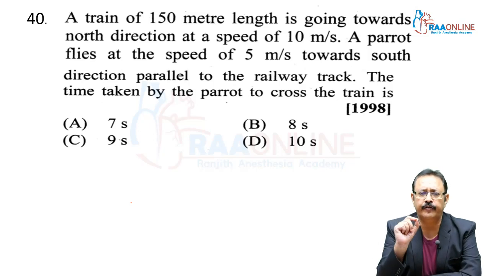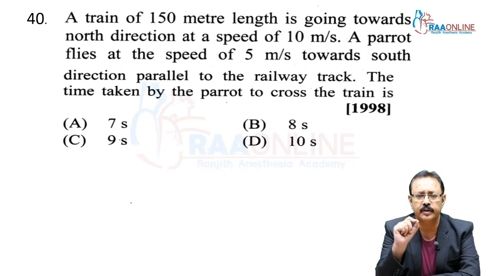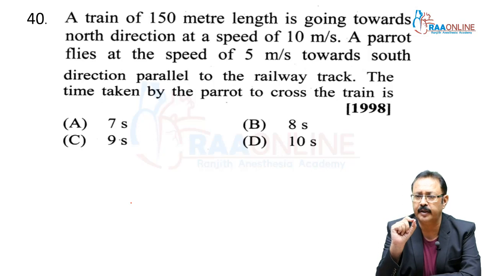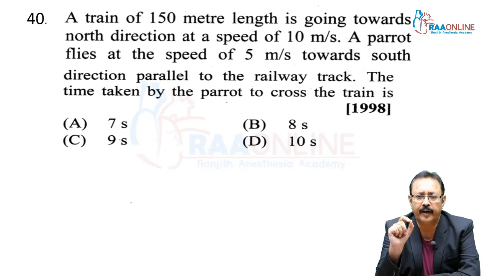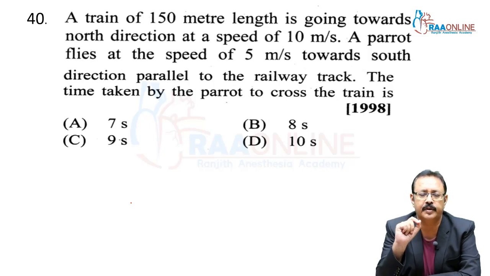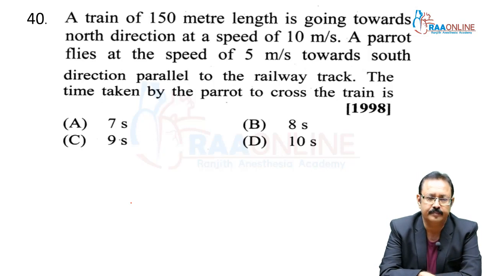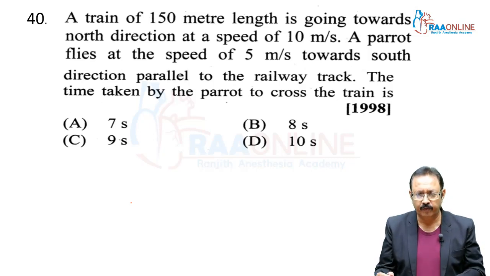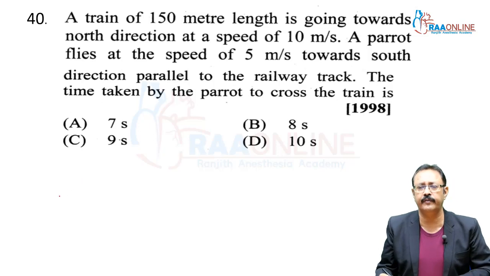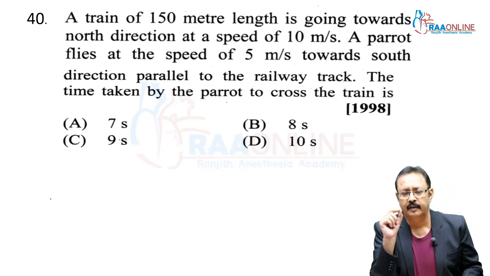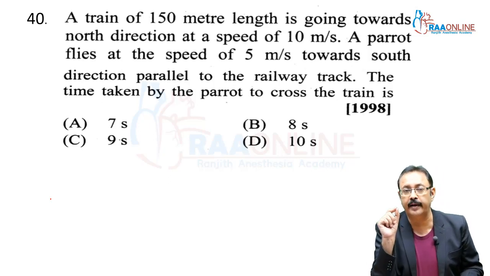A train of 150 meter length is going towards the north direction at a speed of 10 meter per second. A parrot flies at the speed of 5 meter per second towards the south direction, parallel to the railway track. The time taken by the parrot to cross the train is. What we want to calculate? First, we will calculate the velocity of the train with respect to the parrot.